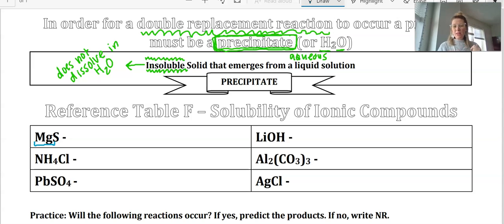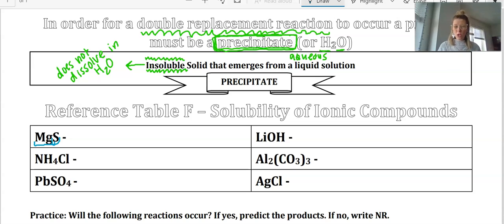If you scan through the reference table, you'll notice that there is no rule about magnesium. Magnesium does show up in one of the exceptions column, but there is no rule about magnesium.